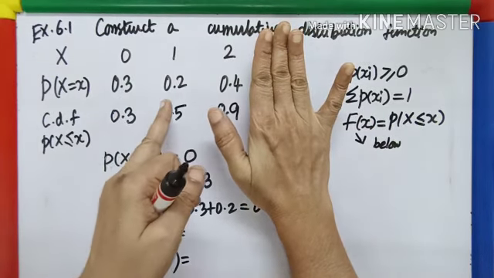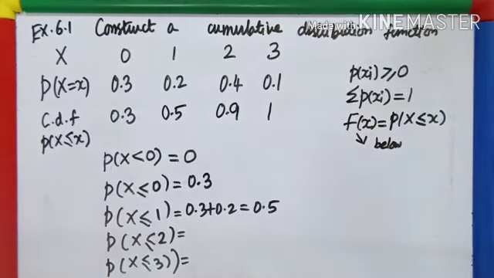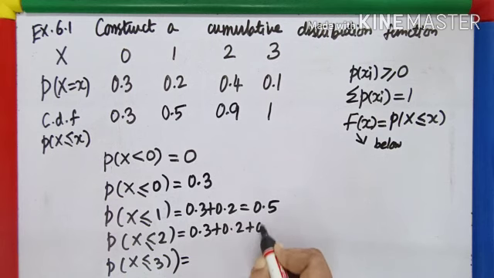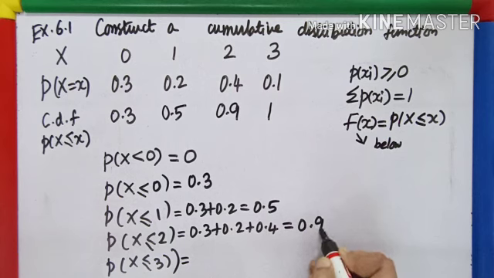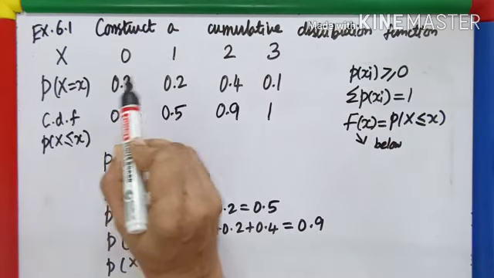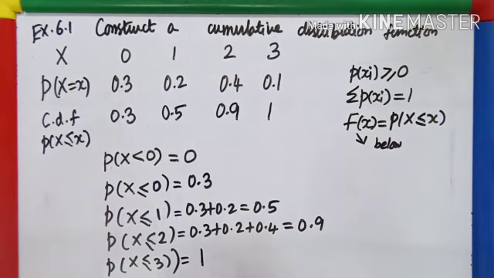So 0.3, 0.2, 0.4. 0.5 plus 0.4, 0.9. Adding all, my answer is 0.9. When I come to less than or equal to 3, add all the values. 0.3 plus 0.2 plus 0.4 plus 0.1, which is nothing but 1.